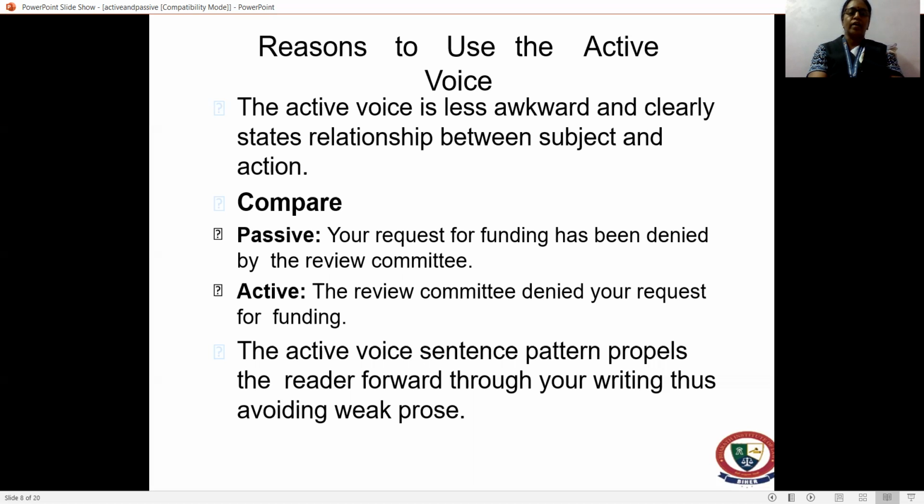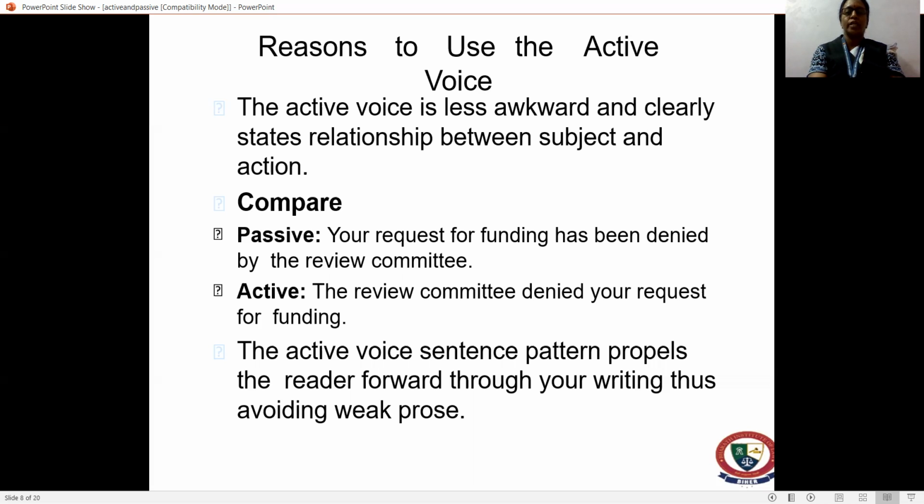We can easily identify the subject, and the action done by the subject is also very easily identified, and it's very clear to understand. So the active voice sentence pattern propels the reader forward through your writing, thus avoiding weak prose.